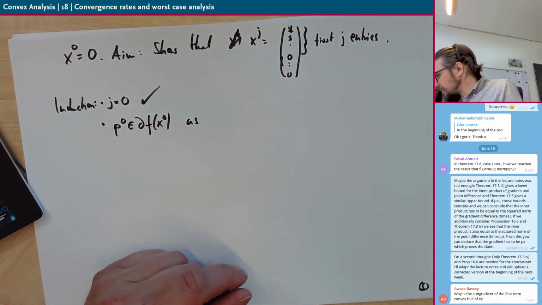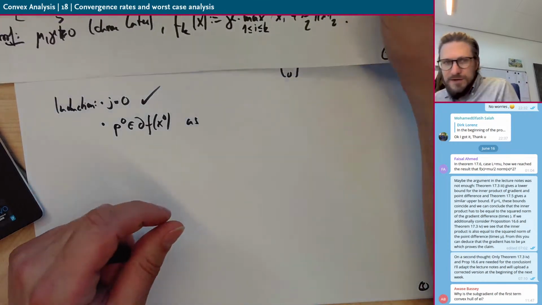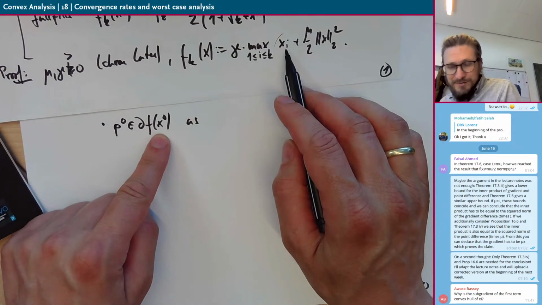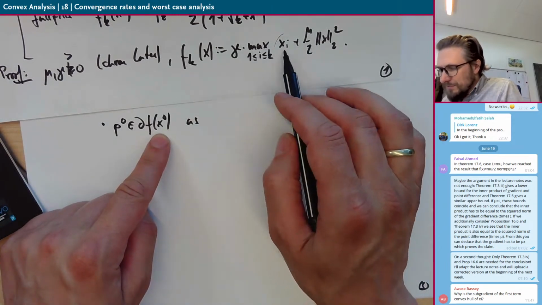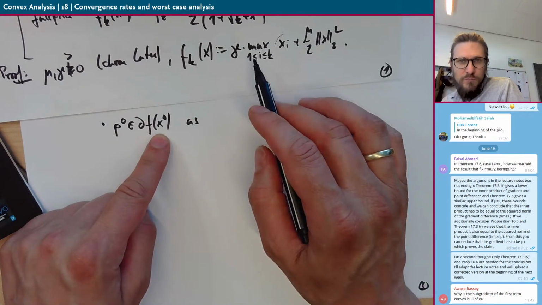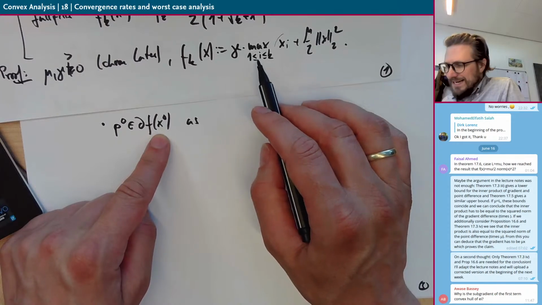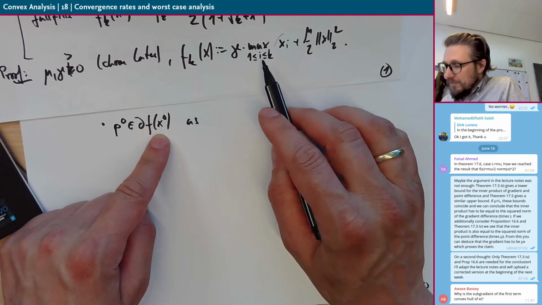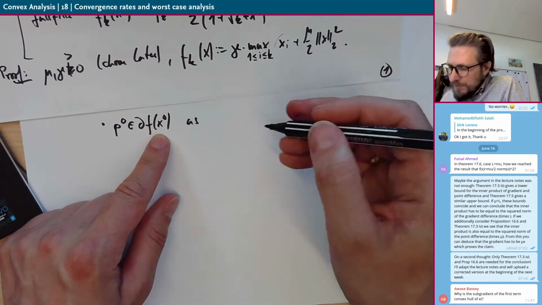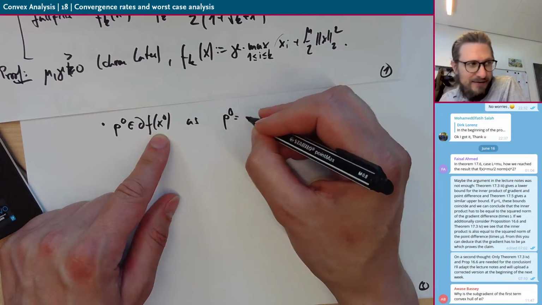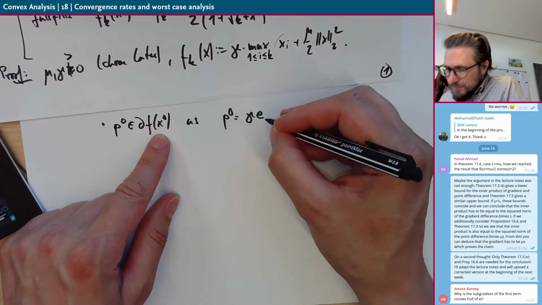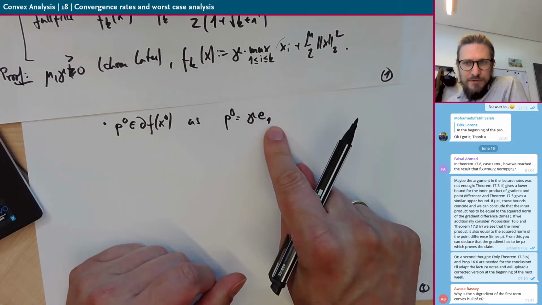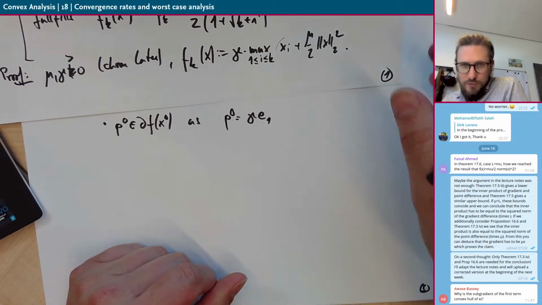So what can we do at x equals 0? Let's have a look at the function. All entries of x equals 0 are the same. So the subgradient here is the full convex hull of all the first k basis vectors, and then we add a 0 here. So we pick one, and we pick p0 as gamma times the first one. We could also have taken the second or the third one, but this would not work for our proof.